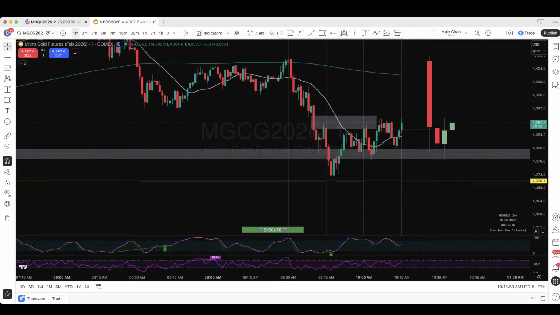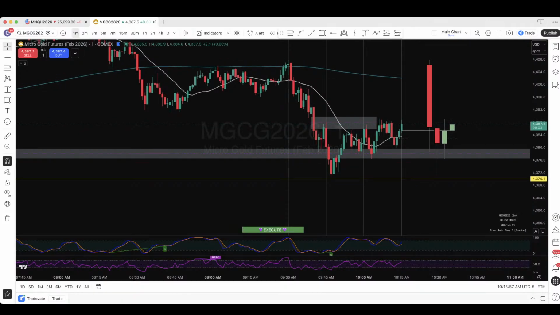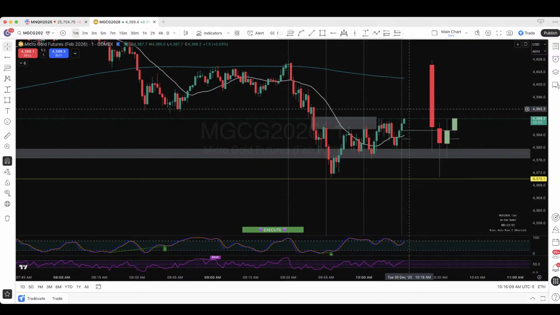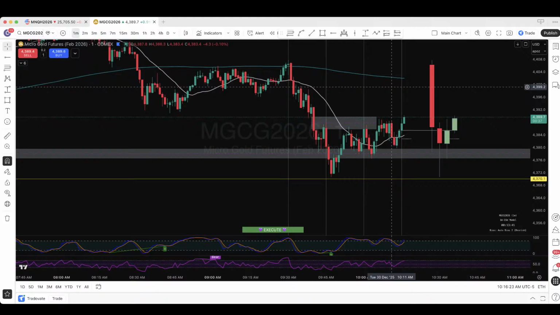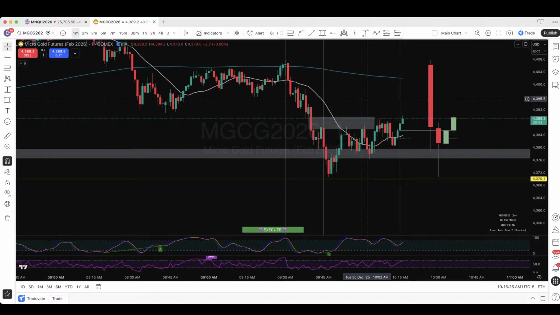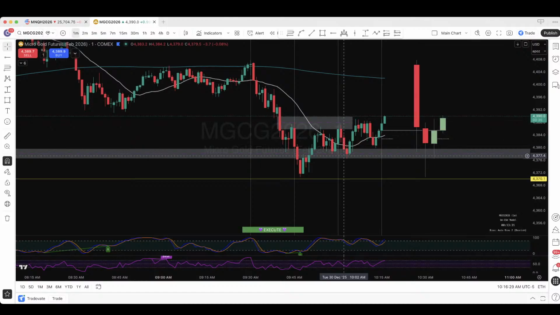You've consolidated for half an hour now. There we go, punching up one more time. If this didn't start running and breaking this here, there was a likelihood it was coming back up. We didn't take that trade earlier because this didn't punch hard enough through. So it is showing a little bit of the... actually, the bulls are stepping up a little bit.